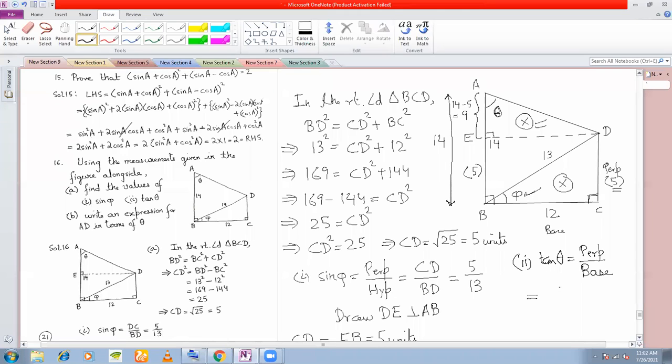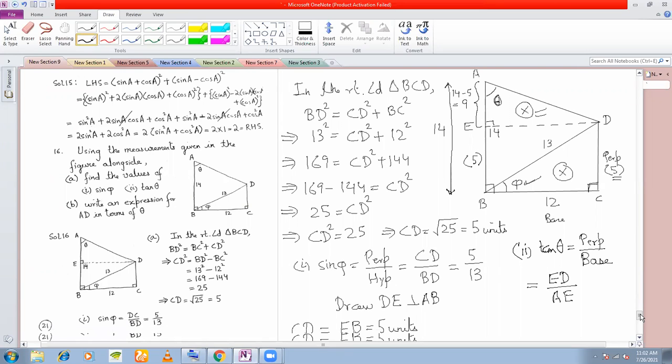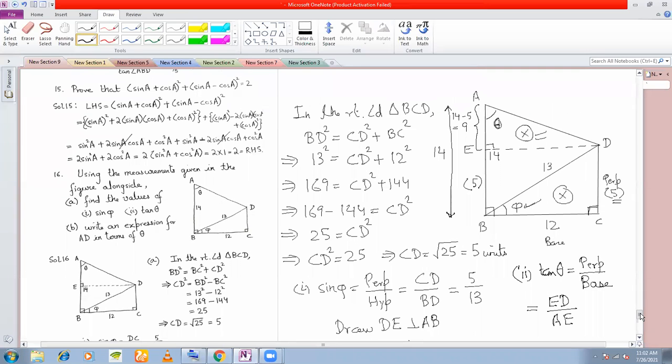is equal to perpendicular by base. Now perpendicular here in this right angle triangle, opposite to the angle theta, is ED. Base is AE. And what is ED equal to? You see this dotted line ED is equal to this length, BC.